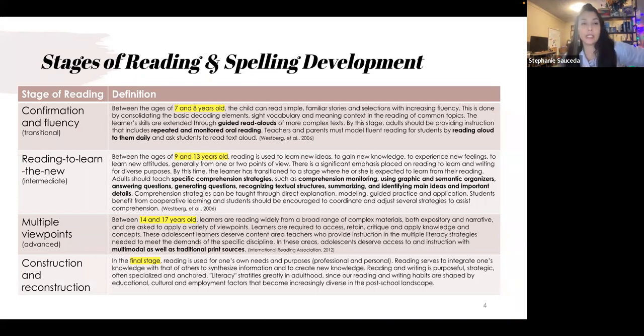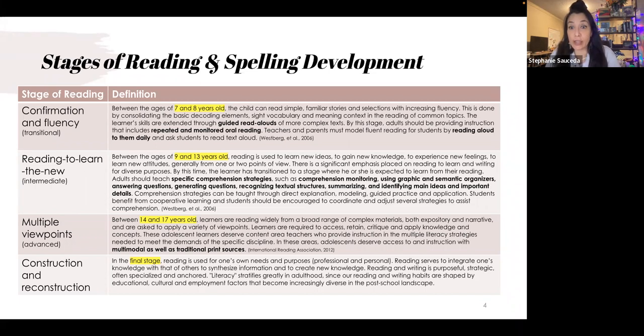So it's the stage of reading, you have transitional, intermediate, advanced, and then the construction and reconstruction, that final stage. Reading is used for one's own needs and purposes, professional and personal. And typically we want them to be at that age, at that area, like for me, saying that final stage is reached after they leave us is sort of undercutting it.